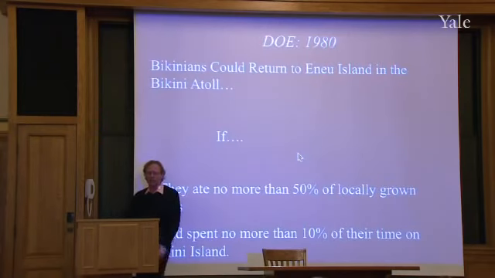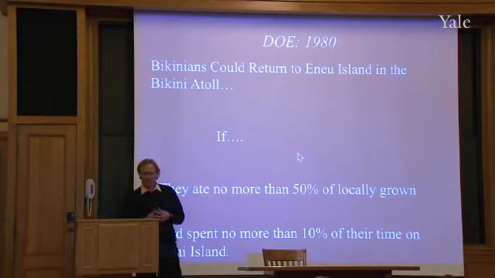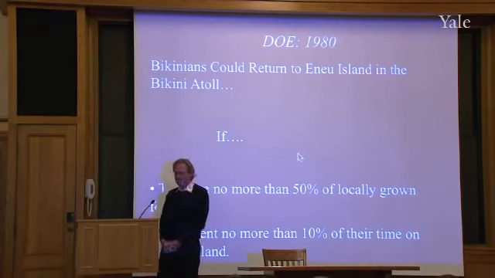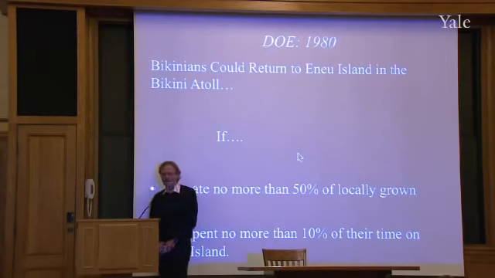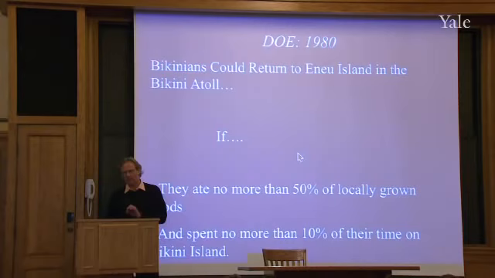By 1980, the Department of Energy concluded that the Bikinians could return to Inu Island, which is one location in the Bikini Atoll that received the least amount of radiation, but only if they ate no more than 50% of the locally grown food and spent no more than 10% of their time on Bikini Island. So this idea that they could adjust their behavior in a way that would reduce their exposure is a very interesting one.